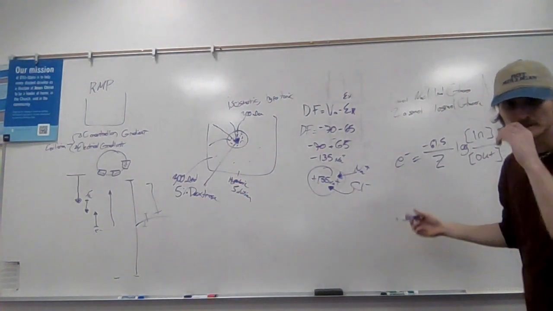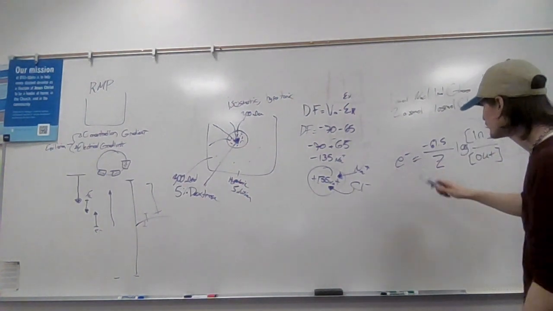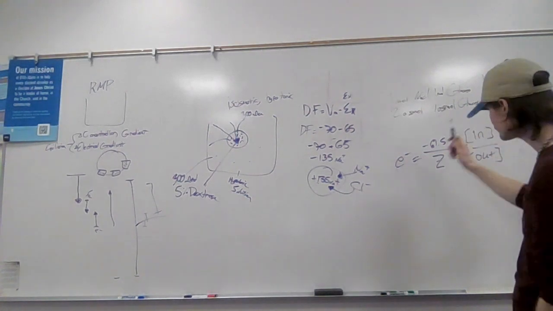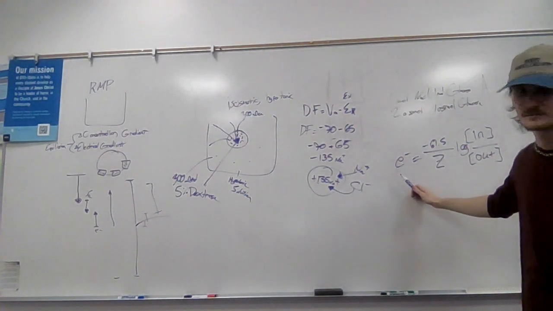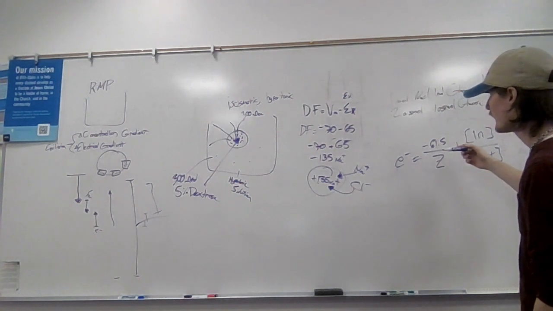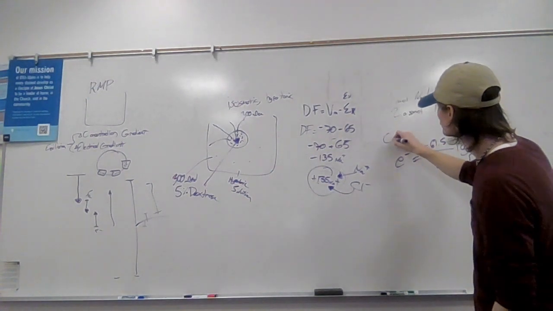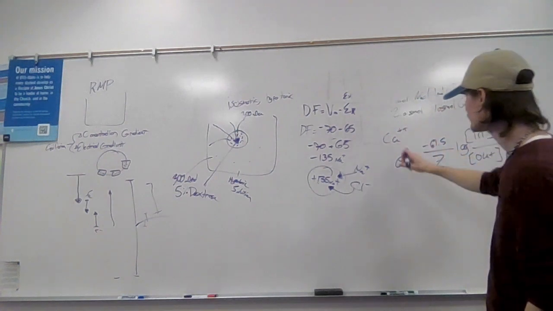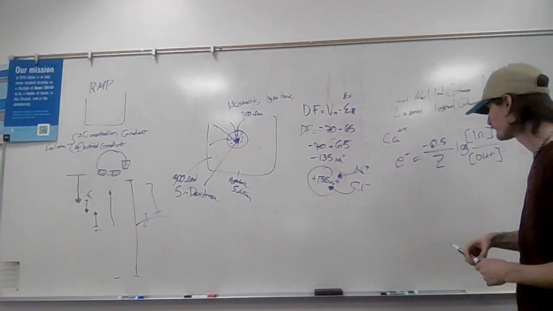So basically for this, what we're trying to do is find Ex for a specific ion. So let's take calcium, for example. Calcium has 2 valence charges.